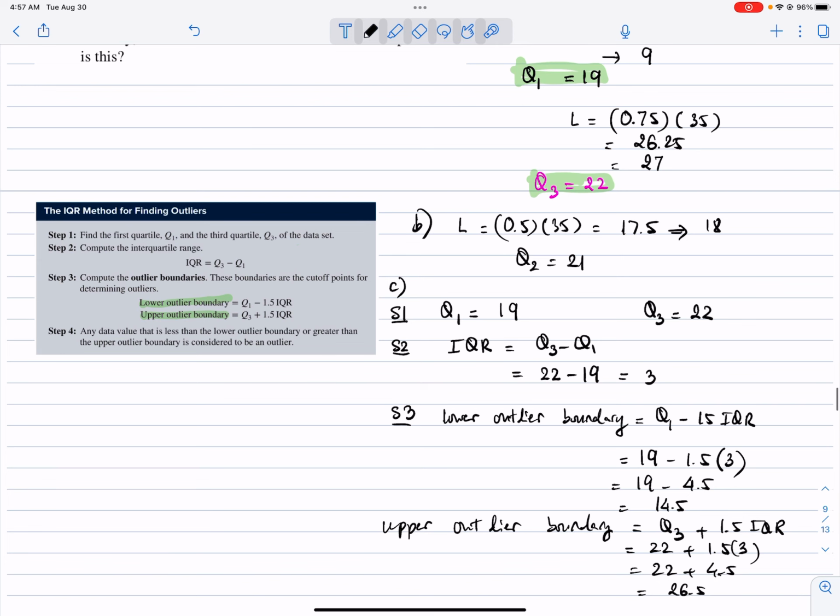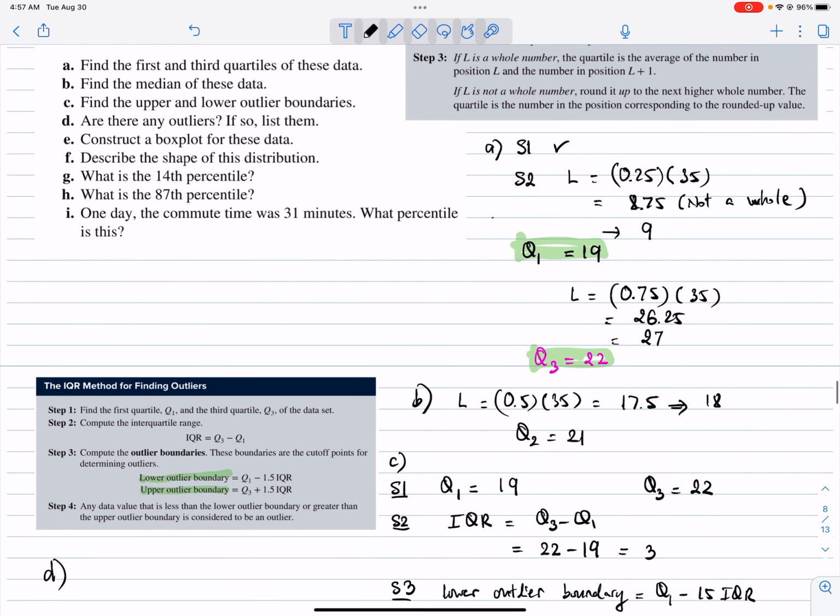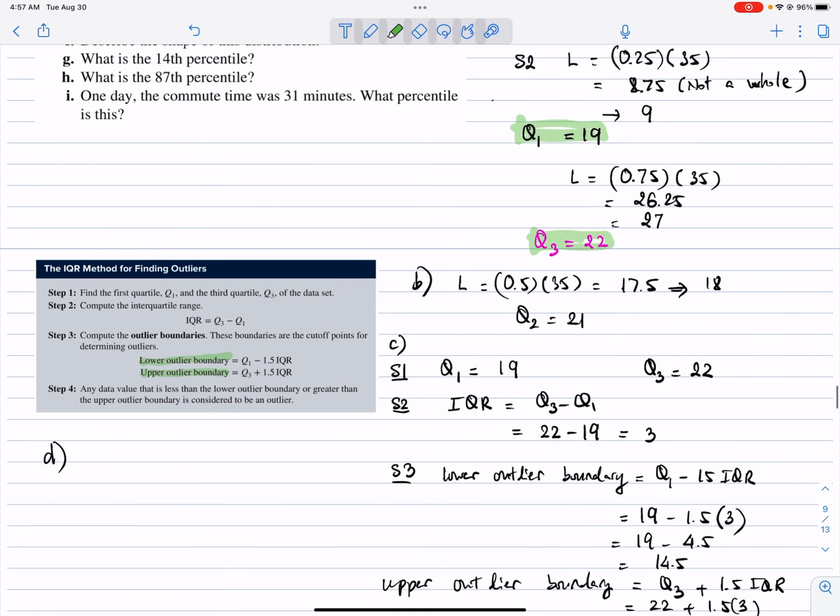Then we answer part D. In part D again, we want to find the outlier. What is the outlier? In step 4, it says that any data that is less than the lower outlier boundary or greater than the upper outlier boundary will be an outlier.